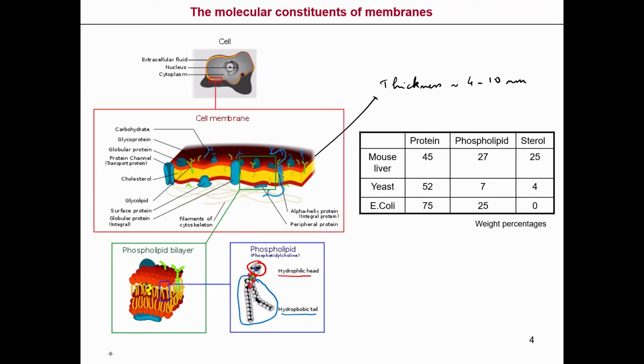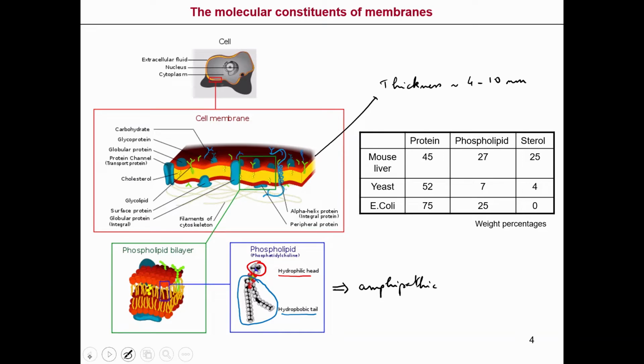Do you remember how we call a molecule which has a hydrophilic head and a hydrophobic tail? It's called amphiphilic. Yes, amphipathic. I don't remember if you have an H.